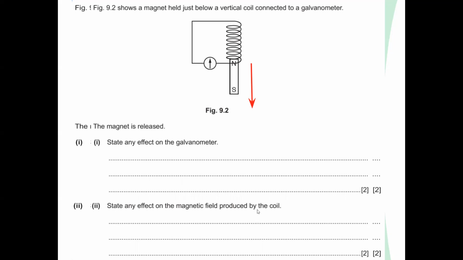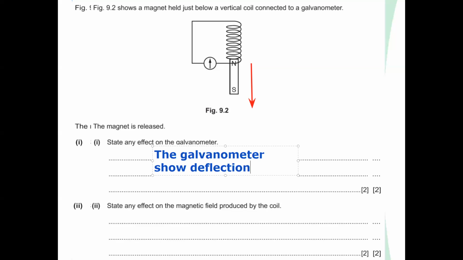What will be the effect on the galvanometer? The galvanometer will show deflection, due to change in magnetic field.